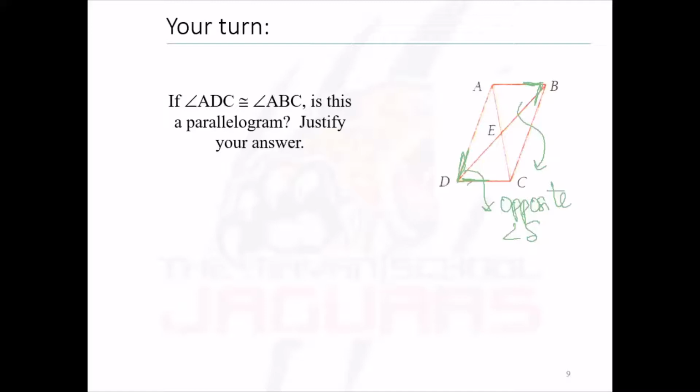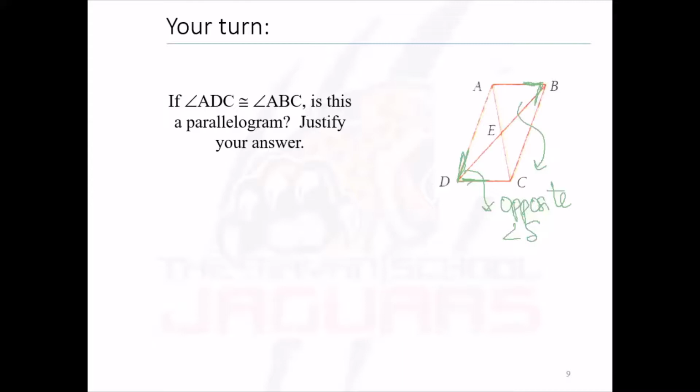But there is one way of proving that a quadrilateral is a parallelogram. It is if two pairs of opposite angles are congruent. And in here, they only give us one pair of opposite angles. So can I conclude that this quadrilateral is a parallelogram? Think a little bit.